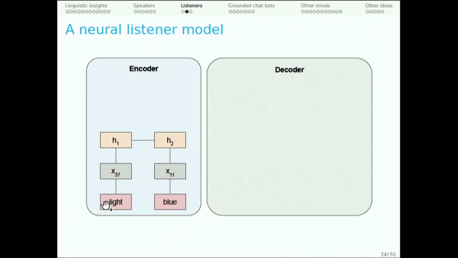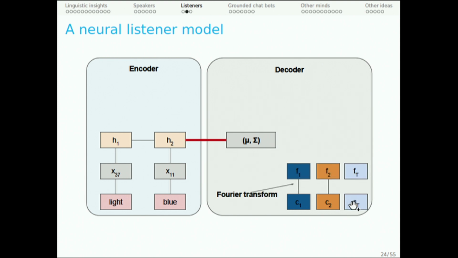Except now we're given the description, like light blue, and this could be a standard sort of RNN here. And this will be the crucial hidden state. You might do some transformations on that hidden state to kind of move yourself into color space. And then what you're trying to do is you're given this context and it says 1, 2 in target. So imagine this one is the target here. That's what you want your agent to pick. So you could do some kind of transformation.